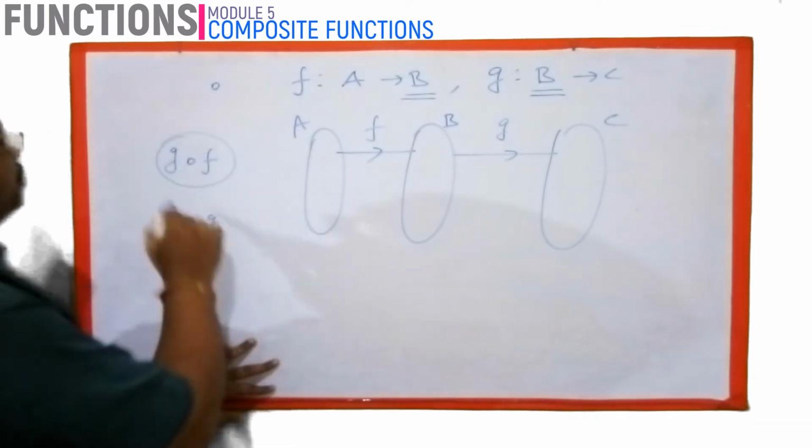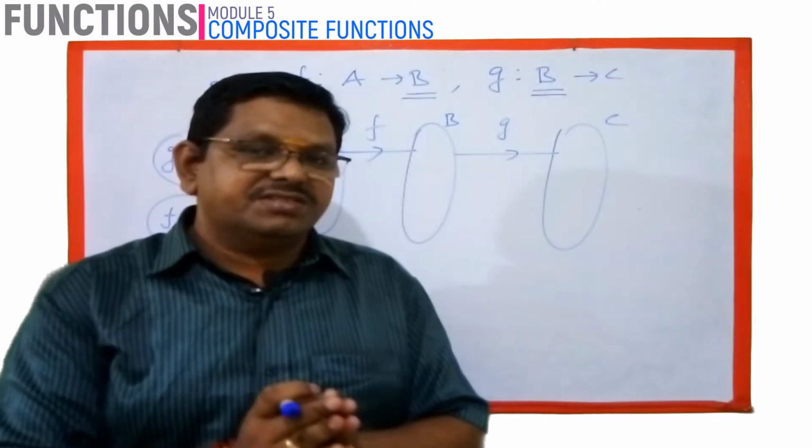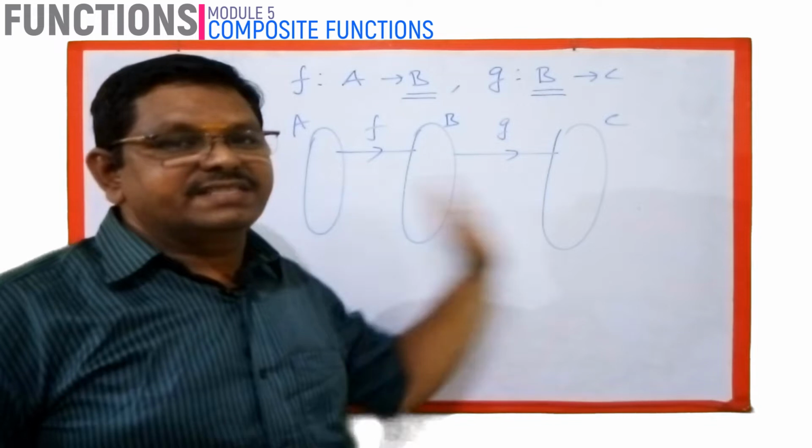These are two different composite functions. So composite function means making the association of the three sets.